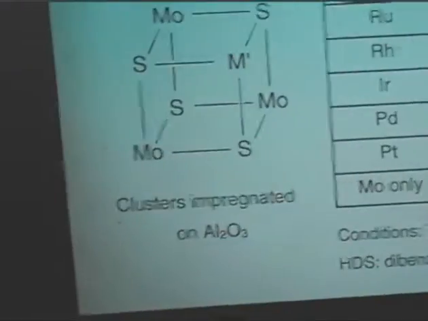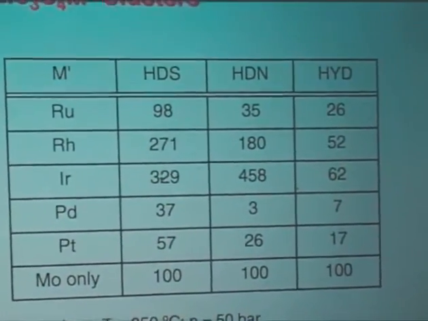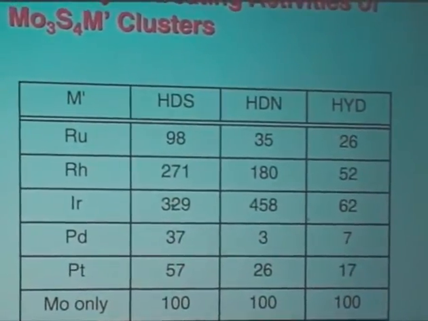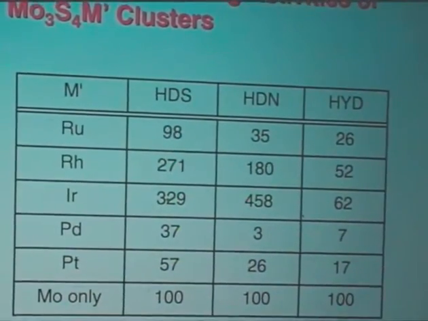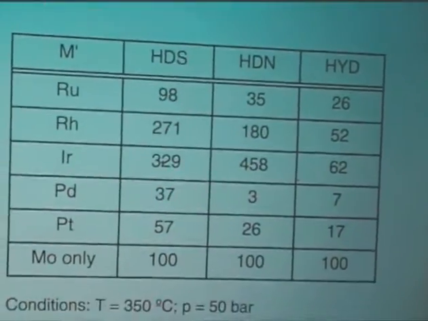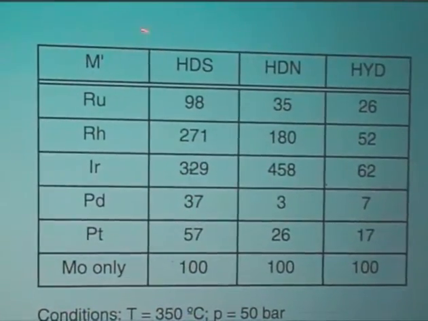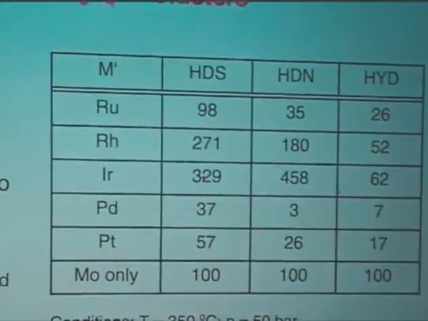You can see the highest activity was obtained for these group 9 metals, rhodium and iridium, and this is especially true for iridium. Ruthenium could not compete with the rhodium and iridium, which is a bit surprising since ruthenium is also known as a very good hydrotreating catalyst.